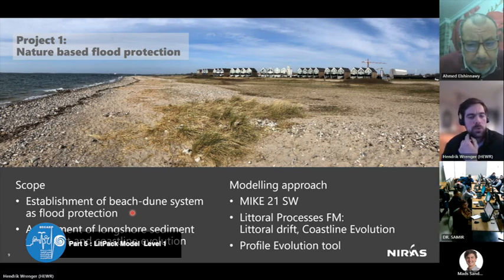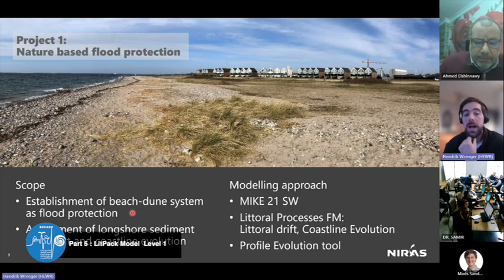So the main goal here was to assess the longshore sediment transport and the coastline evolution. The modeling approach was the Mike 21 spectral wave model to establish the wave conditions. And that's also, as you will see, almost an integral part of the LitPack modeling, because the wave conditions are the most important input parameter driving your sediment transport.